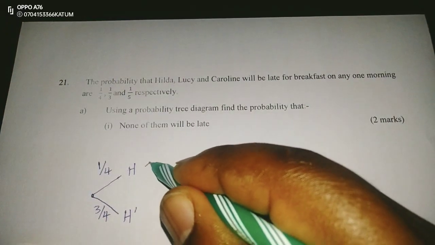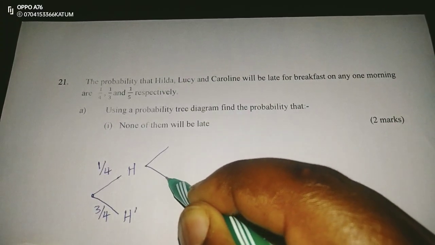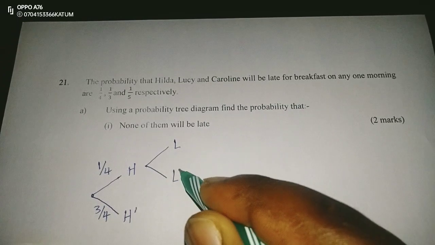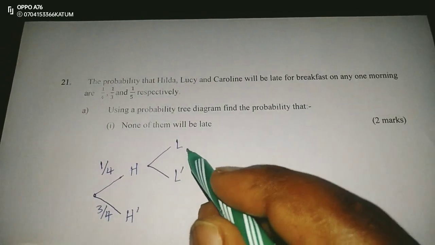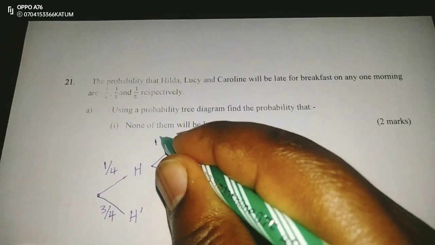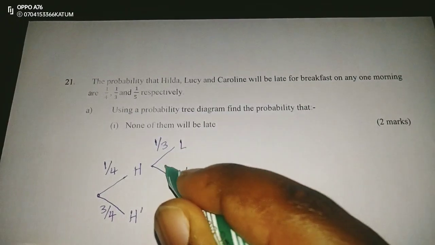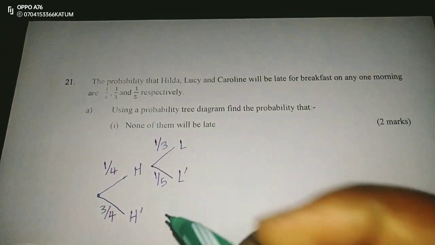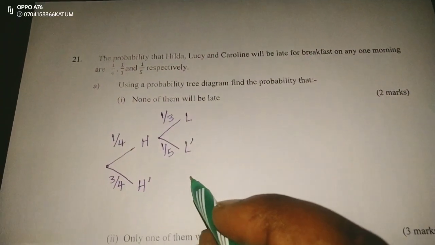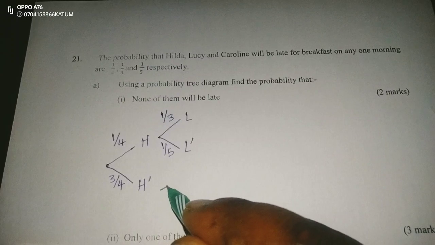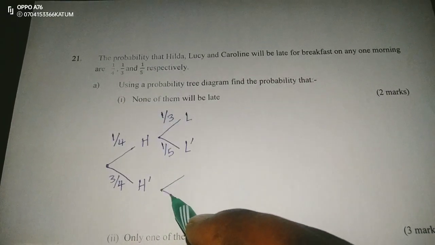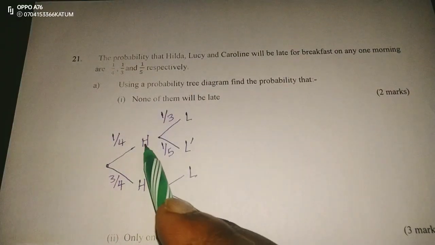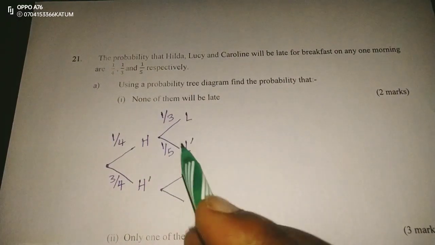Now for Lucy, we're going to have Lucy late or Lucy not late. Lucy late is a third. That means not late is 1 out of 5. And for the same Lucy, which is an independent event, it will also be the same whether Hilda had been late or not.